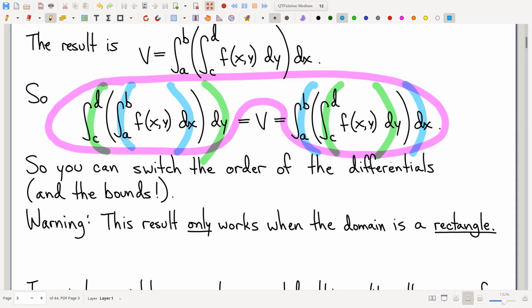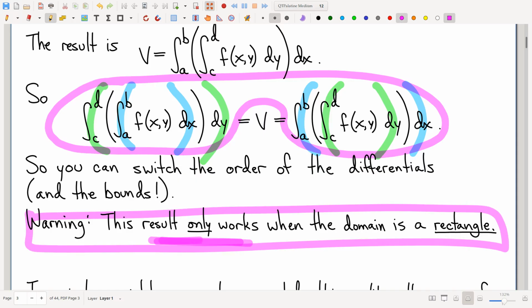I mean, yeah, it continues to be that x goes from a to b. No matter, you can change the order you slice it, but the domain is what it is. So it remains that x still goes from a to b. So don't forget to switch the bounds also. And this, again, only works for rectangles. We are very soon going to see some examples of non-rectangular domains where, in general, this just is not true.